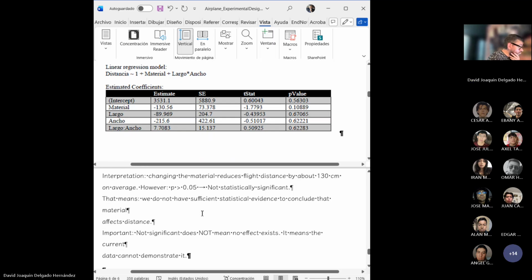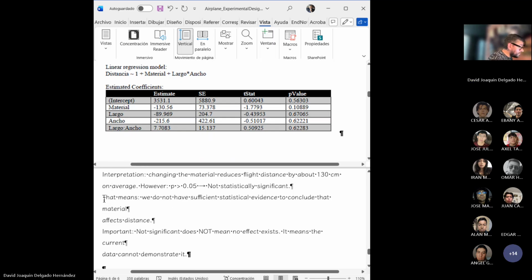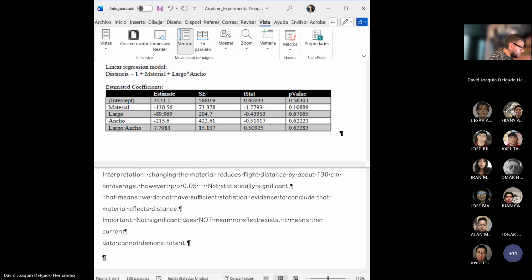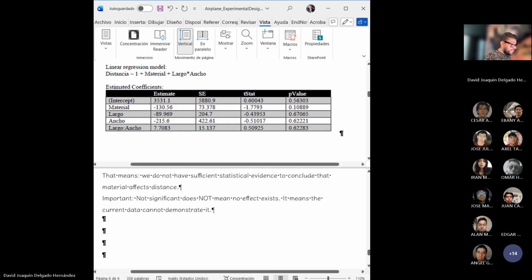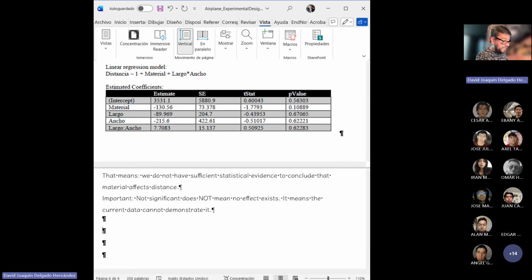Now, here are some notes, because with this information we cannot say with total certainty that this is happening, but this is a sign that we can interpret in this way.